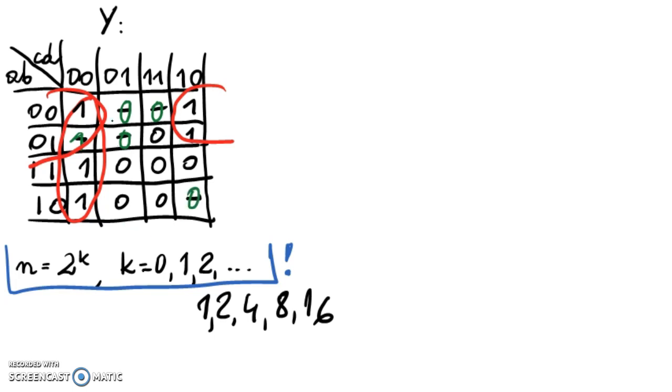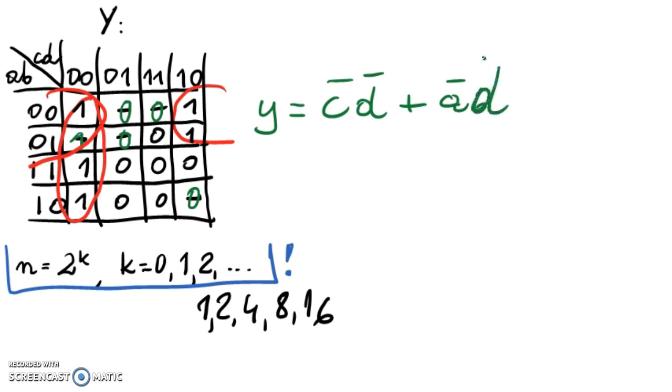So you've got 2 groups, and the overall y is equal to: from the first one you've got not C, not D, and from the second one you've got not A times not D. Yes, I think it's all right.